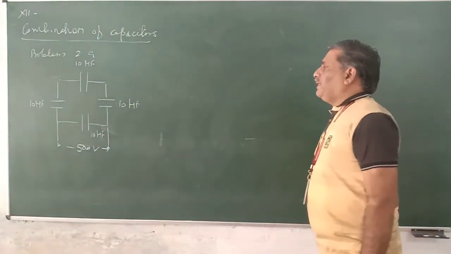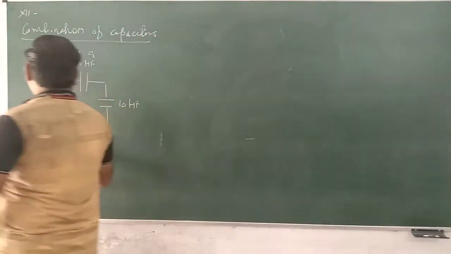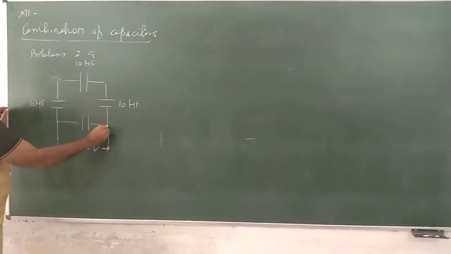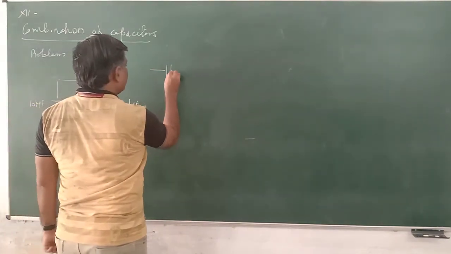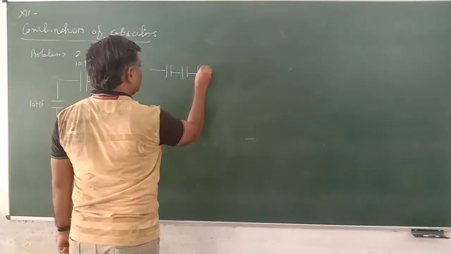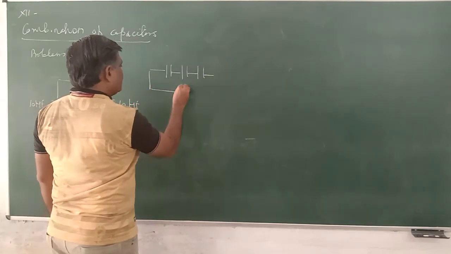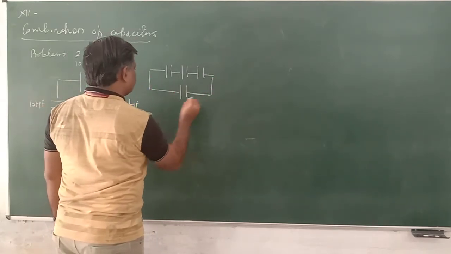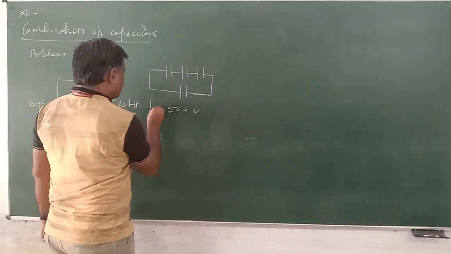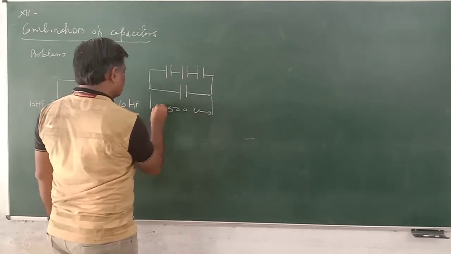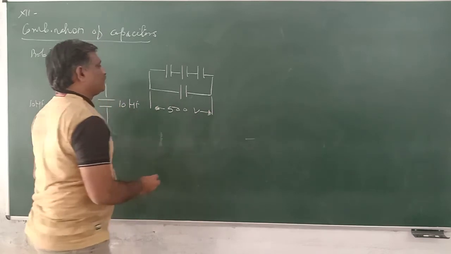Let us simplify. You can see these three are in series, so we can make all these three into one, and this comes in parallel here, with 500 volt across.